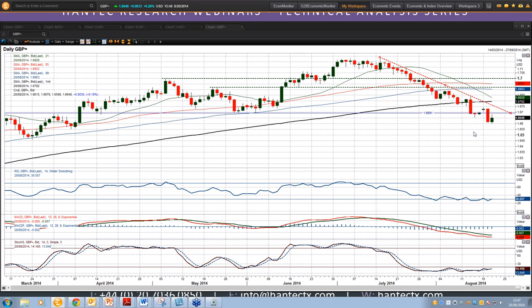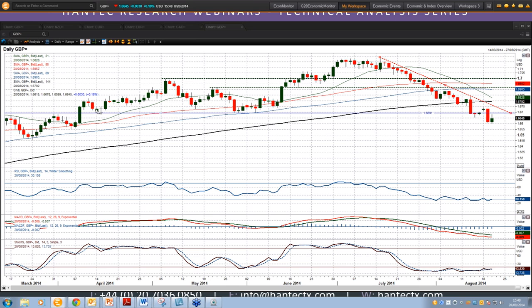Now, in terms of downside targets, I think you're looking at certainly the April low around 65.50, and then unfortunately I think we're going to see 64.60 as well, which is that March low.